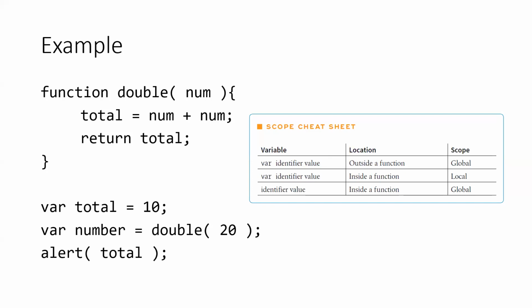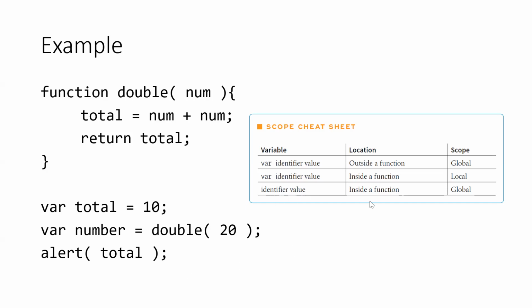So this is what you need to remember about JavaScript. So var identifies a value. If it is outside, it's global. So that means this is global. But if you have var inside the function, it will be local. So that's why the second time when you put var here, nothing changed to the total, it displays 10.